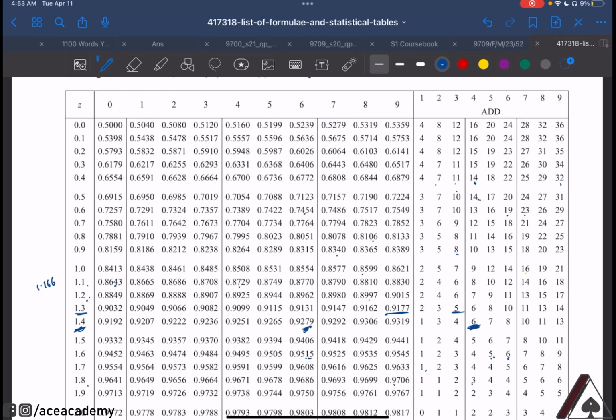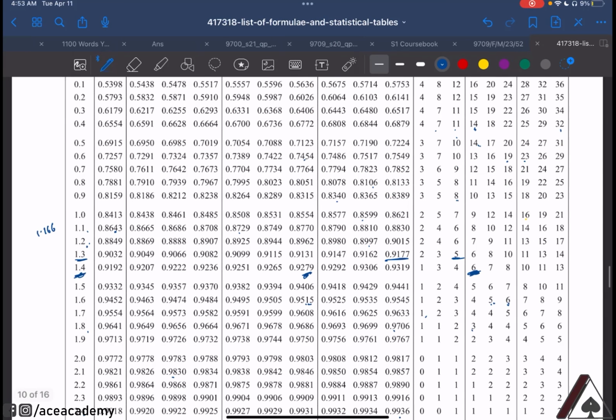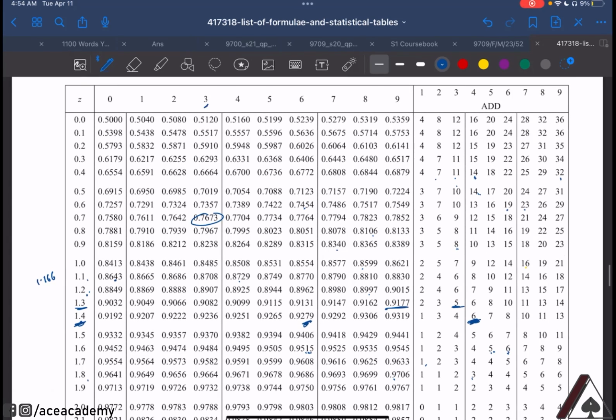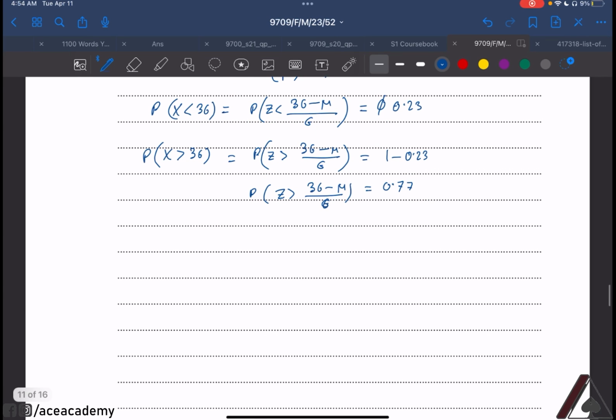Now we have to identify the z value from the probability 0.77. This looks like something potentially correct: 0.73 plus 27, so 0.739. So 36 minus mu by sigma is minus 0.739.